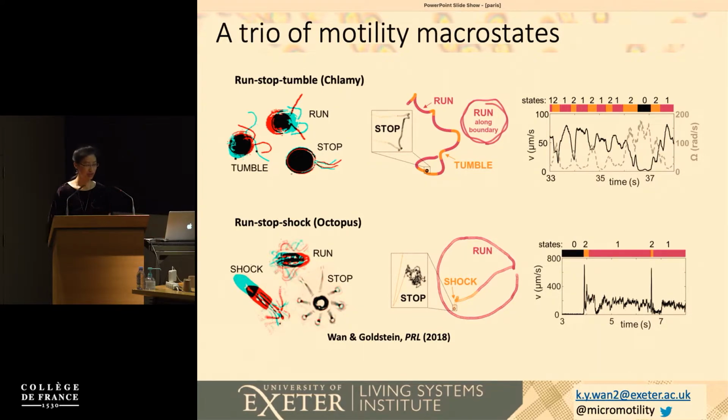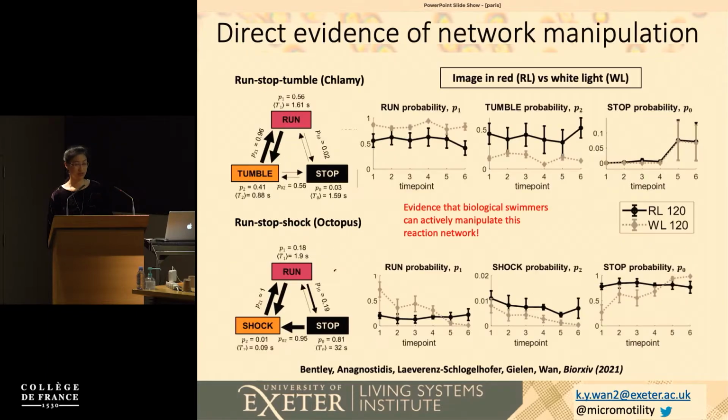That gives us a way to access essentially the behavioral network of the organism, so the motility network underlying the motility apparatus for each individual cell. For example, in the case of Chlamydomonas, we can then compute the pairwise transition probabilities between states, and moreover, we can see how these transition probabilities change over time, and also over different perturbations, etc.